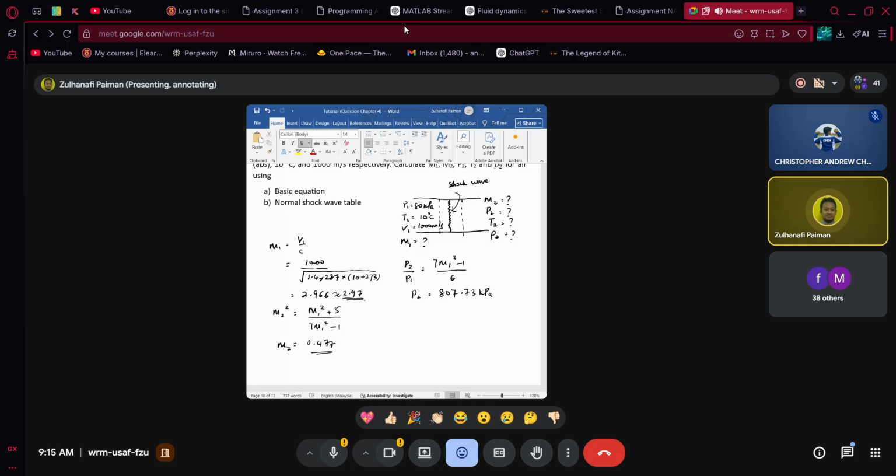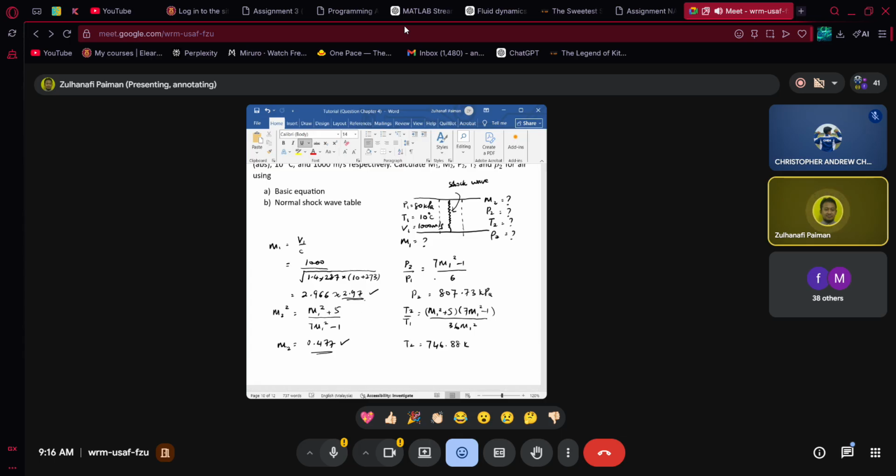Similarly for T2 over T1, the equation is a bit long, times 7 M1 square minus 1 divided by 36. So I give you the answer is about 746.8 kelvins. So this is the answer.